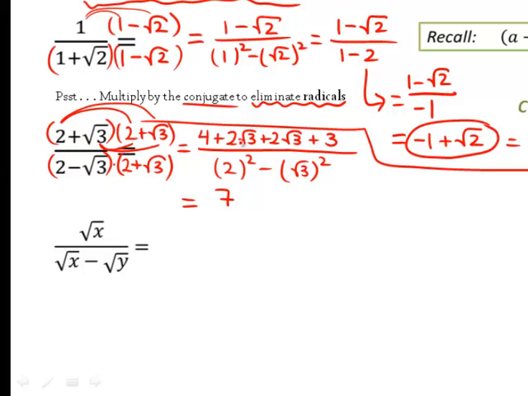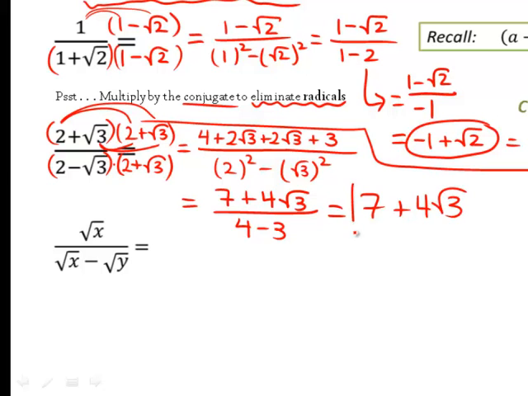And these are like terms, 2 root 3 plus 2 root 3, so that's plus 4 root 3, over. And then we have 4 minus 3 in the denominator, which is just a 1. So because the denominator becomes a 1, 7 divided by 1 is 7, plus 4 root 3 divided by 1 is 4 root 3, and we're done.